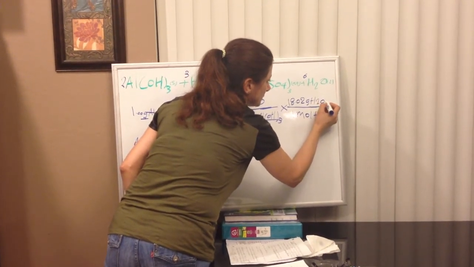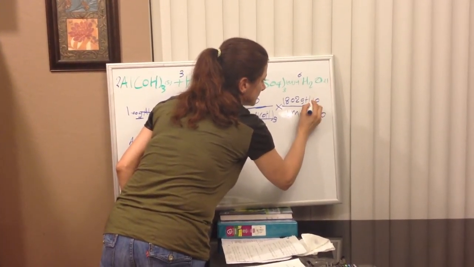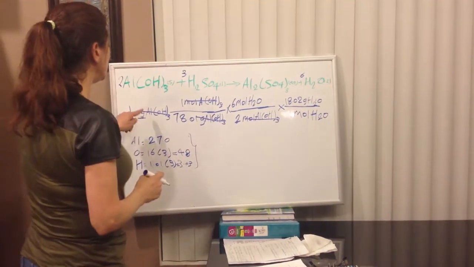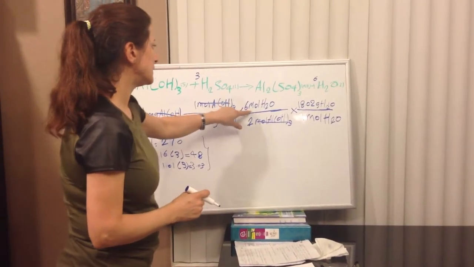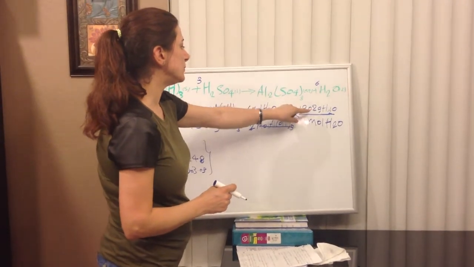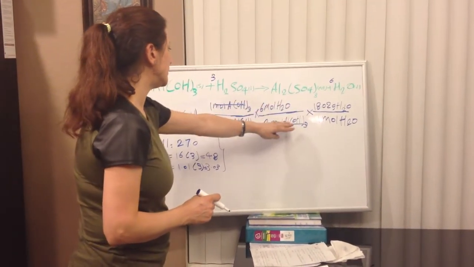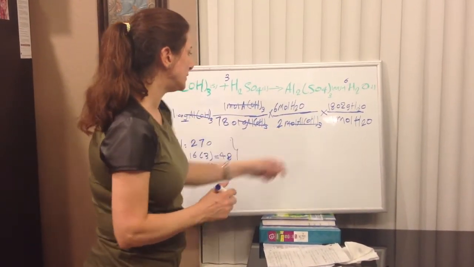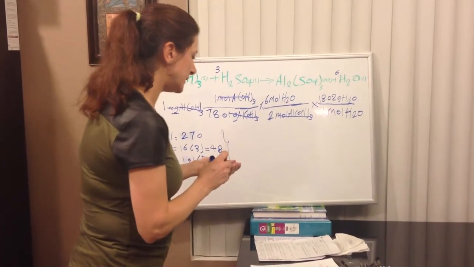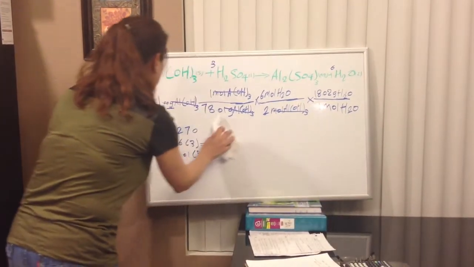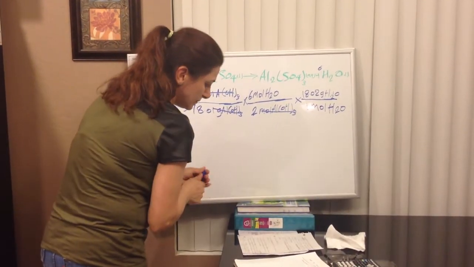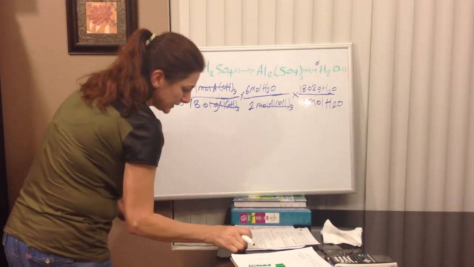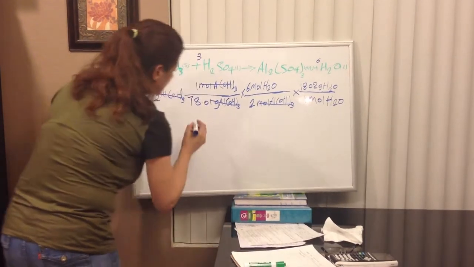So I'm going to multiply the numerators together, 6 times 18.02, and then whatever I get, I'm going to divide by the denominator, and then I'm going to get the answer.